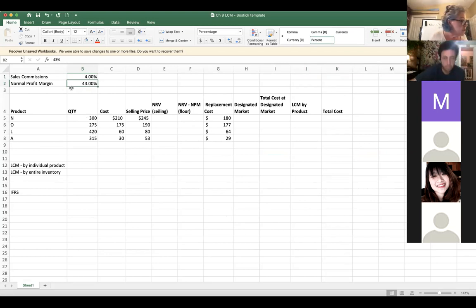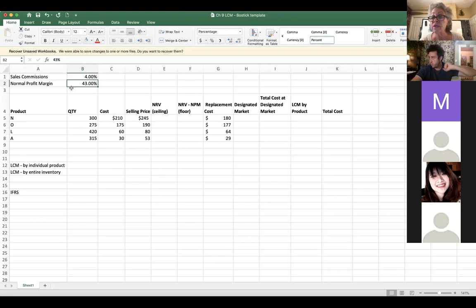Now, with respect to LCM, go to page 465. On page 465 is the excerpt, the illustration that you went through when you read the problem.